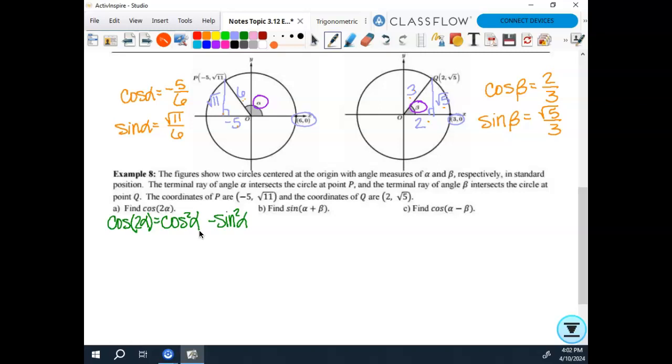So cosine of alpha is negative 5/6, but I got to square it. Minus sine of alpha, which is square root of 11 over 6, and that gets squared as well. So then that's going to give me 25 over 36 minus 11 over 36, which is 14 over 36, which is 7 over 18. And that's my answer.